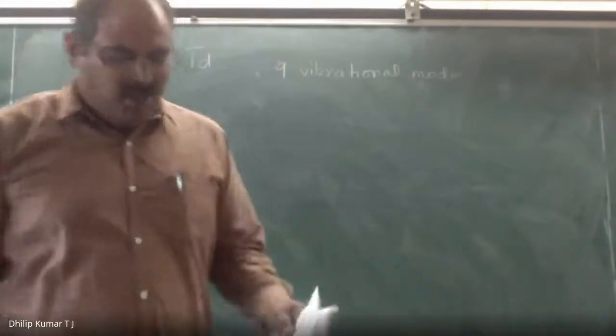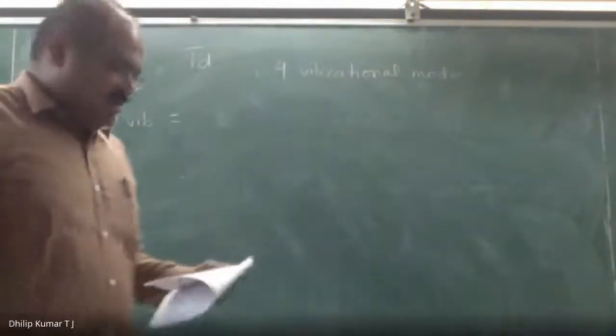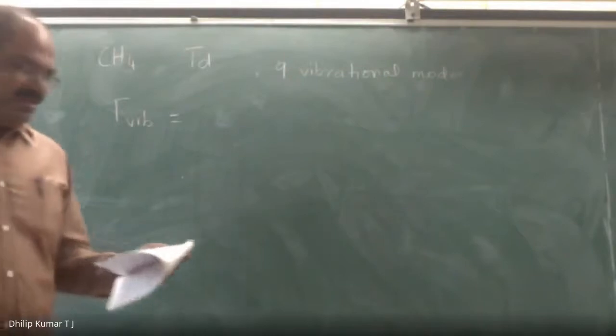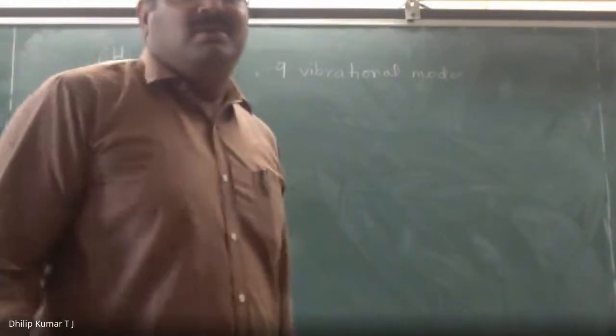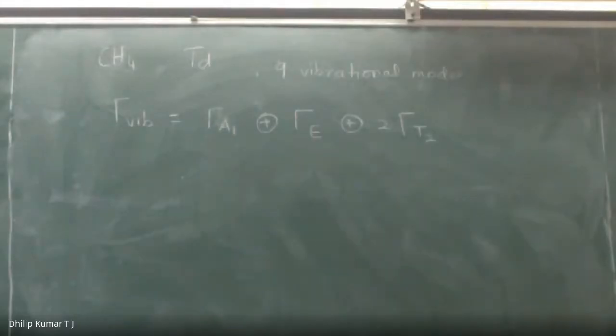What are the translational and vibrational modes? So A1 plus E plus 2T2 are the total vibrational modes: A1, E, and 2 times T2, total 9 modes. Okay, so this is the total vibrational.